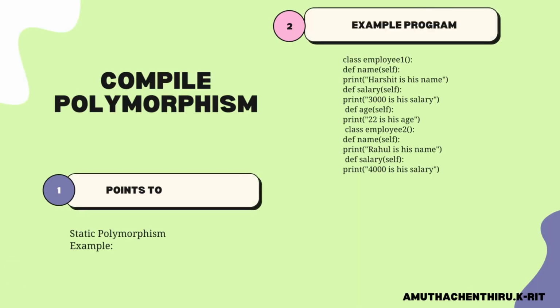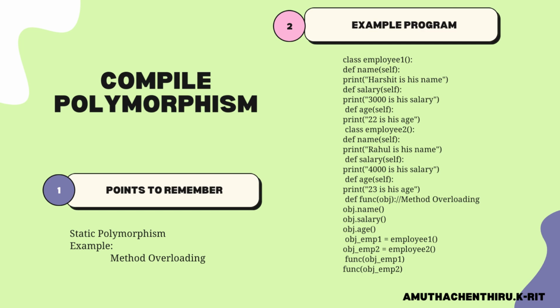Next one is compile time polymorphism. Compile time polymorphism is also called static polymorphism. Method overloading is an example of compile time polymorphism. In this example, I have created two classes, employee 1 and employee 2, and created functions for name, salary, and age, and printed the values without taking them from the user.